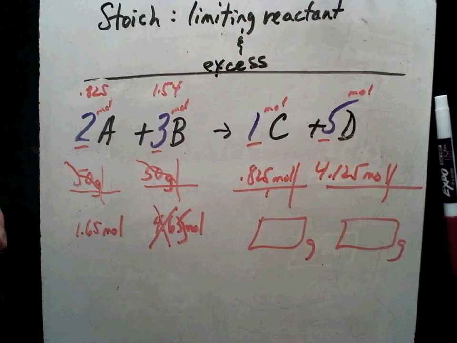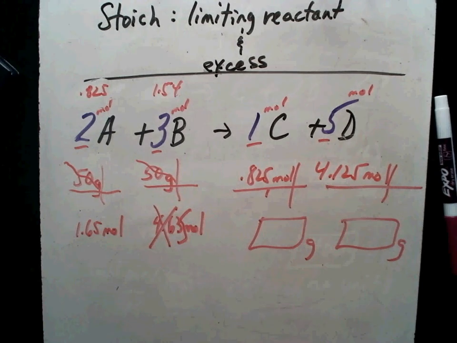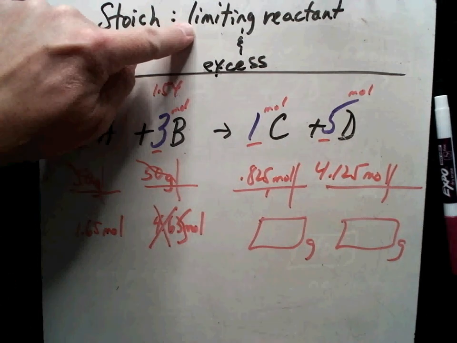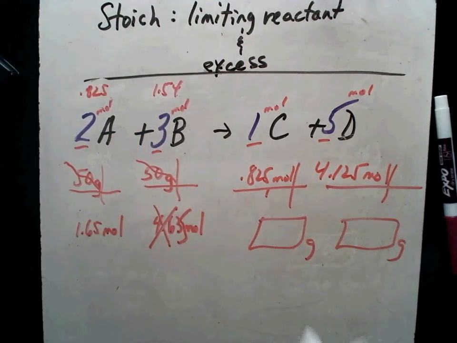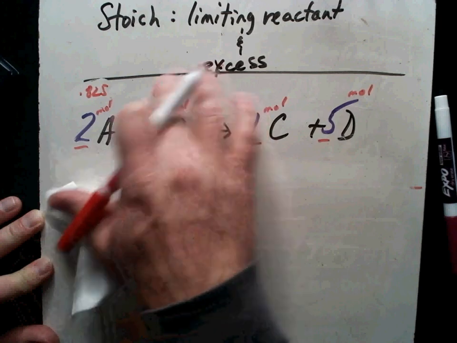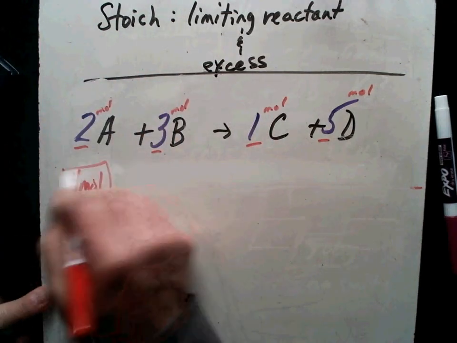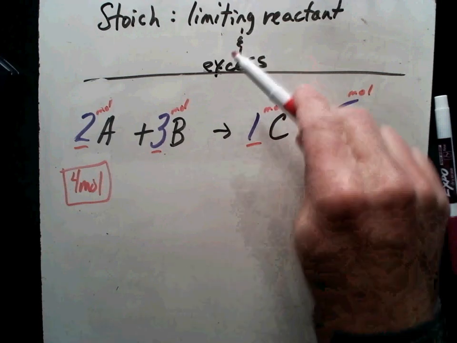And you've already done this skill before. All we're doing is using this skill within reactions. The skill is stoichiometry, limiting reactant and excess. The real question, catch this and I'm done: how do I know if I have to worry about limiting reactant and excess? Here's my reaction. If my question gives me 4 moles, there's my start point.